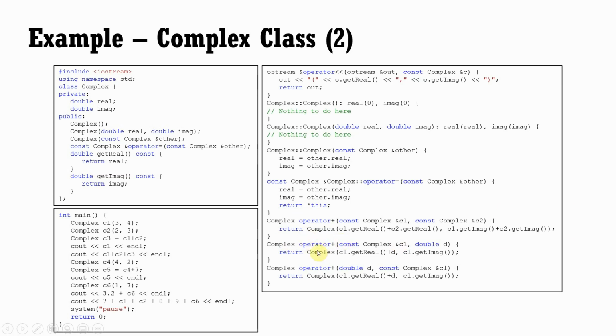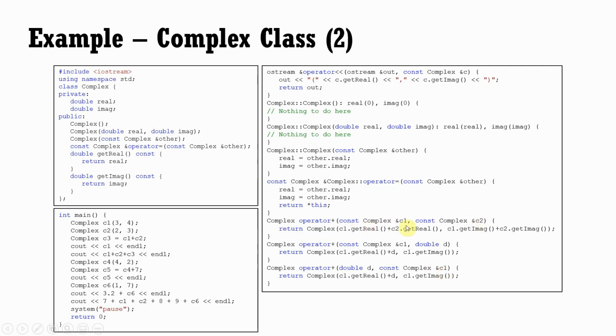But here you see that we have a different parameter list. We only have one complex object, and the second parameter is a double variable, and here we have a double variable and a complex object. So here the order is important.